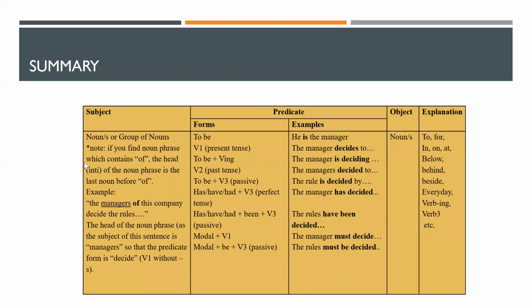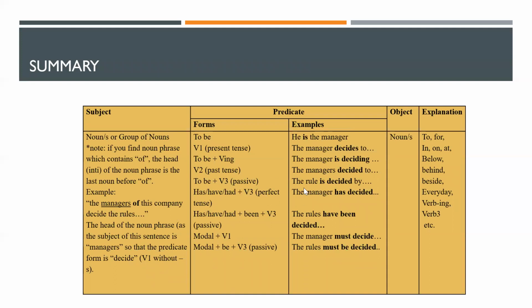Here is the summary of all the predicates and also the predicate forms. So if you have to be, it can be the predicate. If it is verb one, it will be present tense. If you have be plus verb ing, it will be present continuous. And if you have plus verb two, you will have past tense. If you have to be plus verb three, it will be passive.